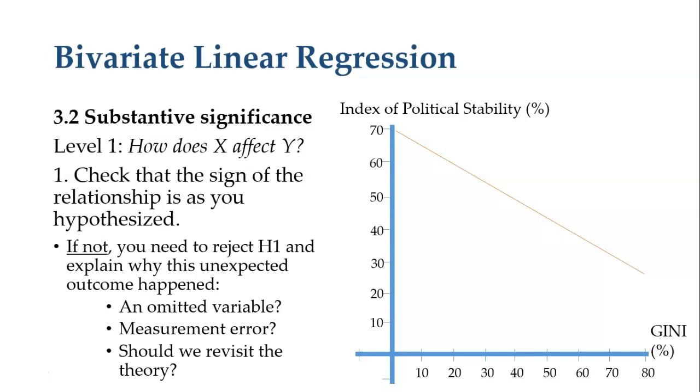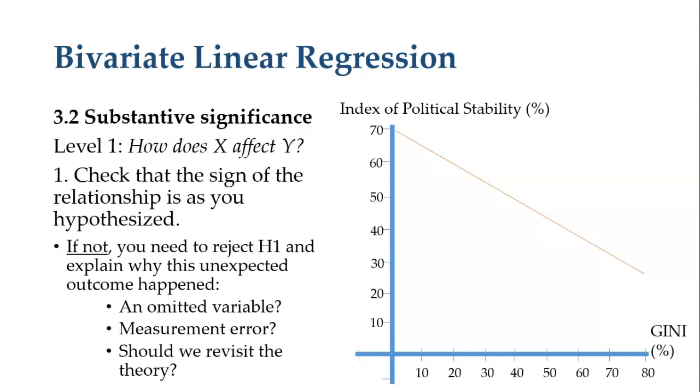Imagine that in this case, the relationship is not negative, but positive. So what explains that countries that tend to have higher levels of inequality tend also to be more stable? That's counterintuitive. Something happened here. Maybe there's an omitted variable, or a measurement error, or maybe we have something wrong in the theory.